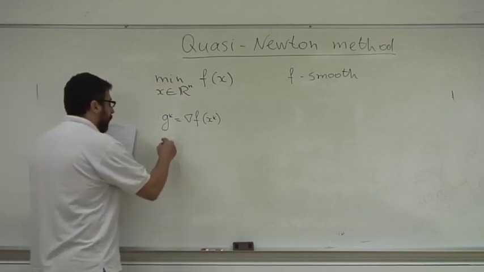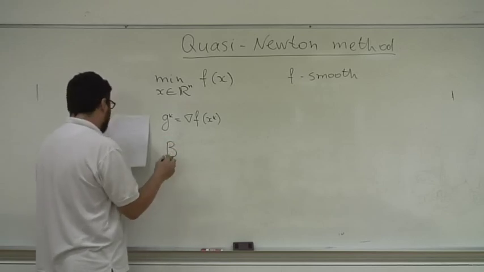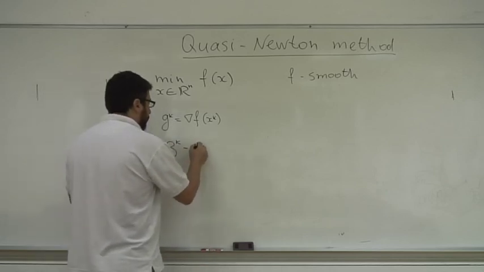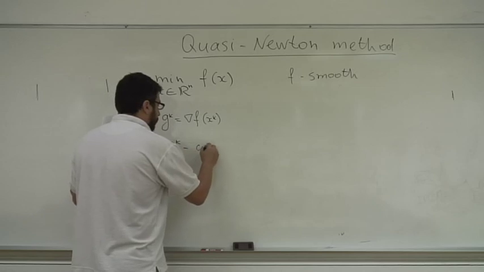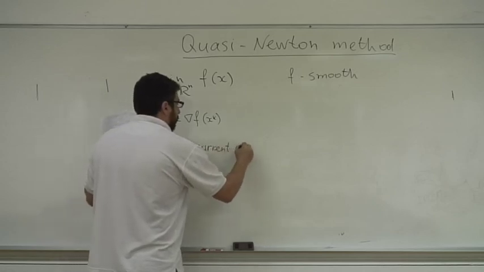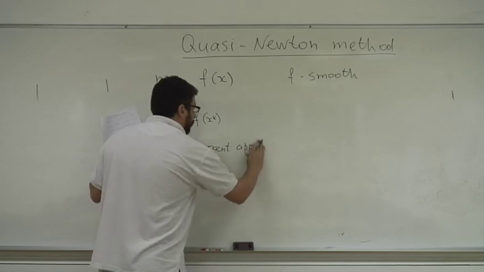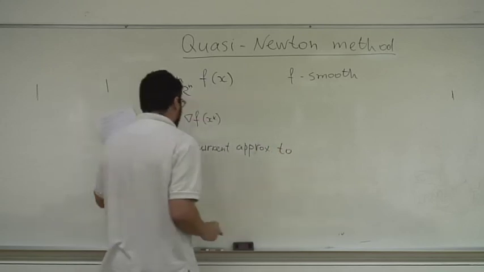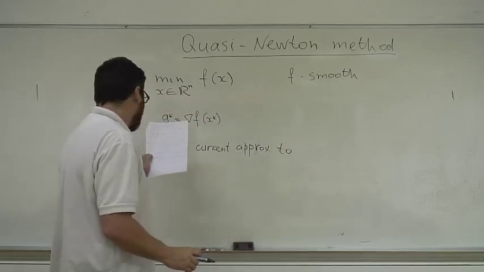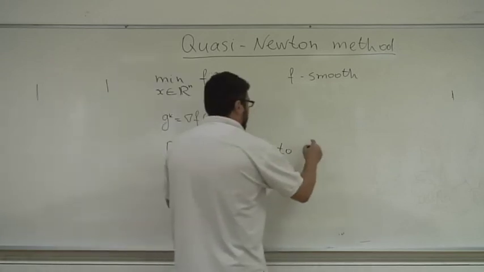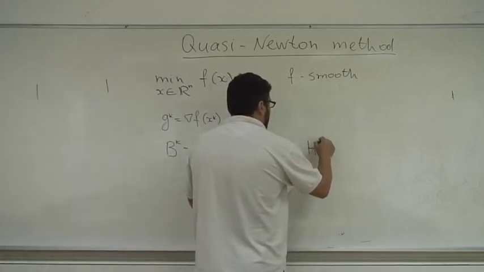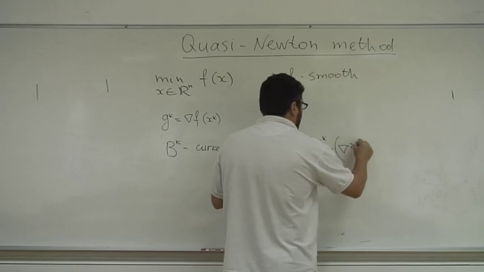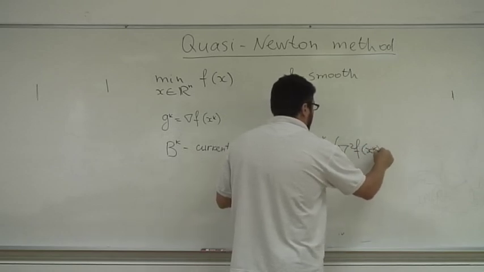And we will use an approximation of the inverse of the Hessian, B k. It's the current approximation to the inverse Hessian, H k inverse.